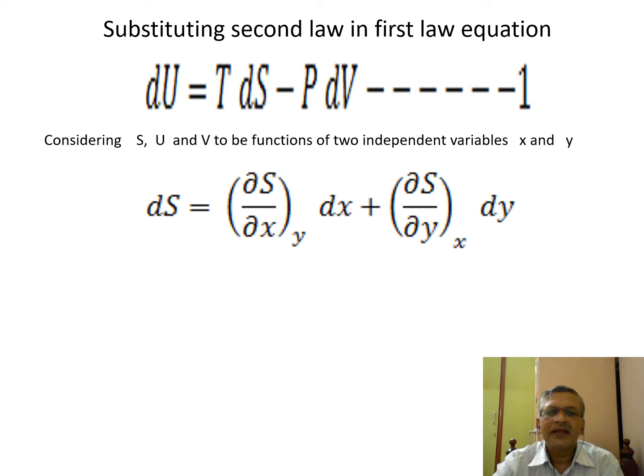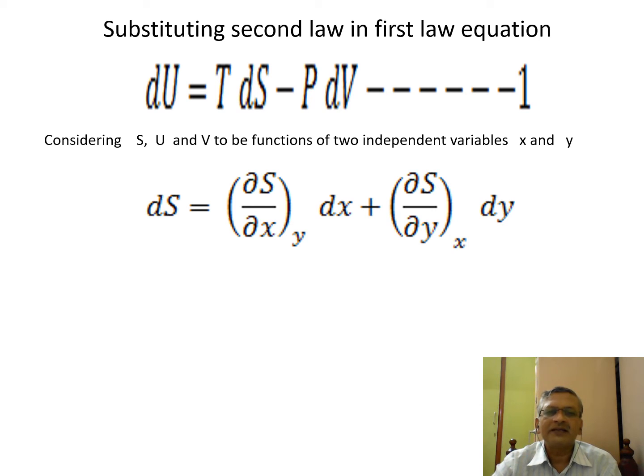Like this, the change in entropy dS is dou S upon dou x, keeping y constant, into dx, plus dou S upon dou y, keeping x constant, into dy. This total differential dS has a partial differentiation first with respect to x, and the second term with respect to y. The sum of these must be equal to the total differential dS.